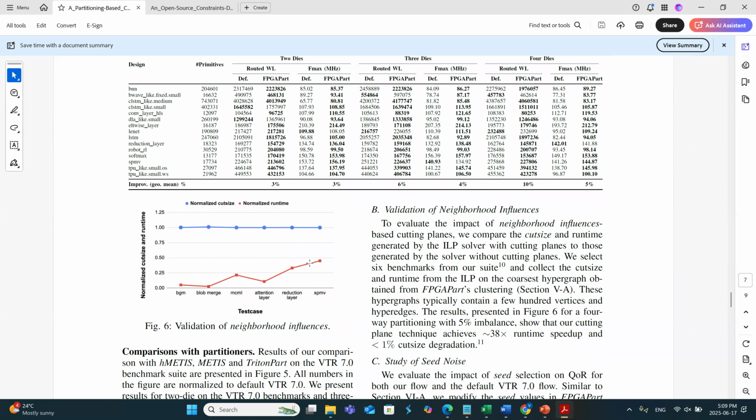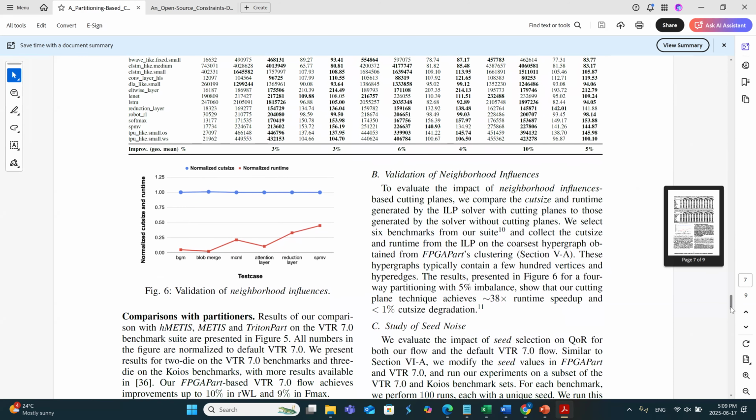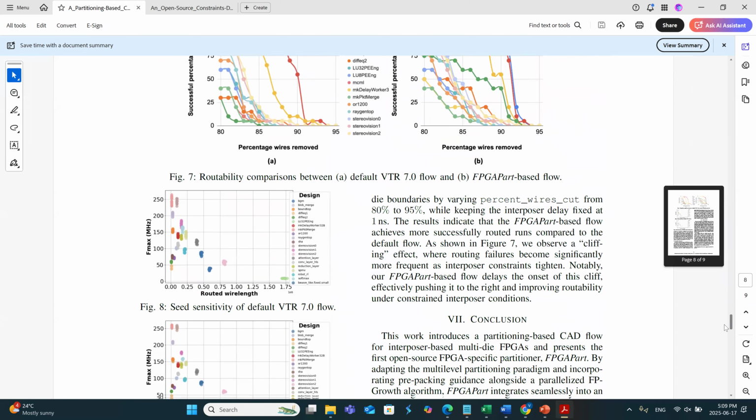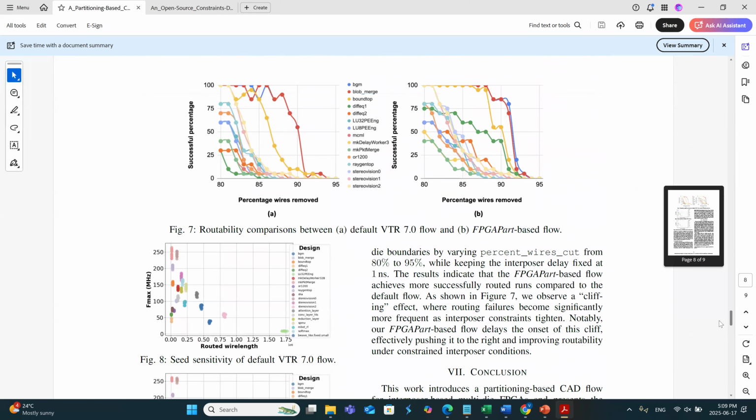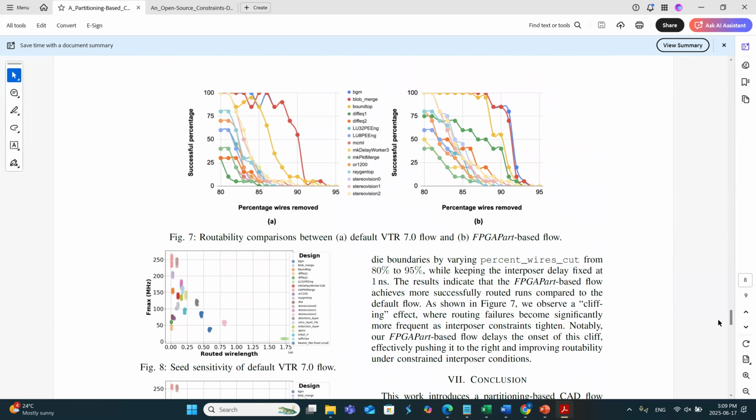So they can make the ILP faster by giving it constraints that they're fairly sure are a good idea, but they can't prove are a good idea. And that's kind of about it. They've got a bunch of detailed results where they run many seeds and so on, right? And see how well does this route. It routes better with the partitioner than without, and so on.